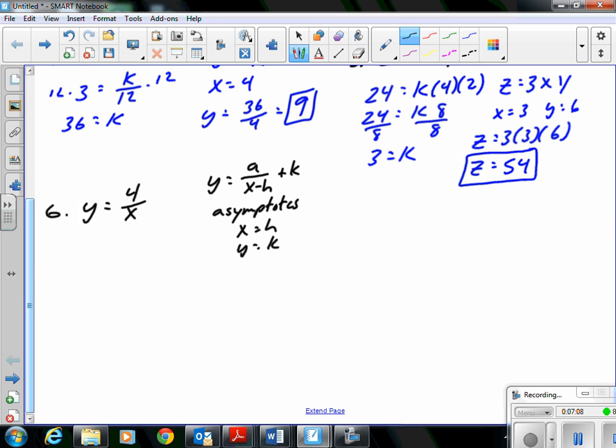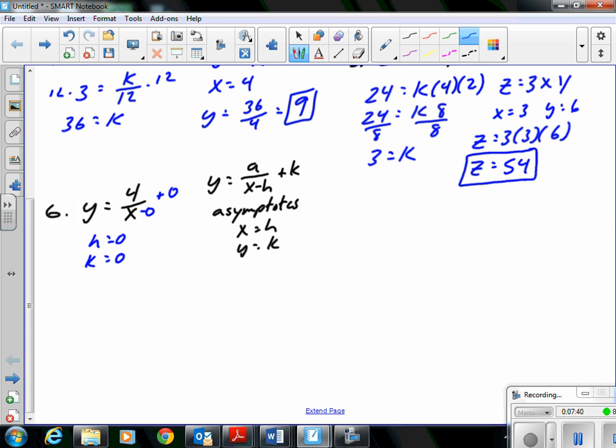So in this case, we don't have anything subtracted from the x in the denominator, so there's no h, or we would assume that that was minus 0, so our h would be 0, and we don't have anything added outside the fraction, so we can assume that that's like plus 0, so our k value would be 0.